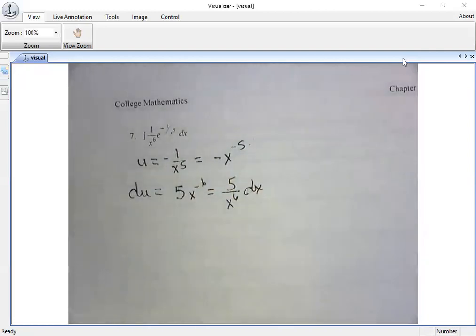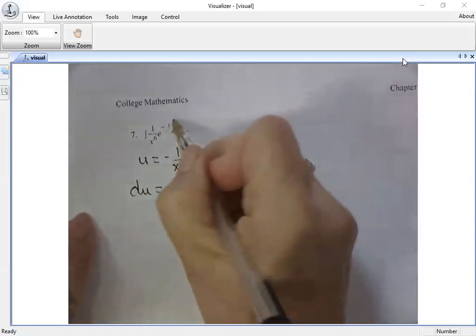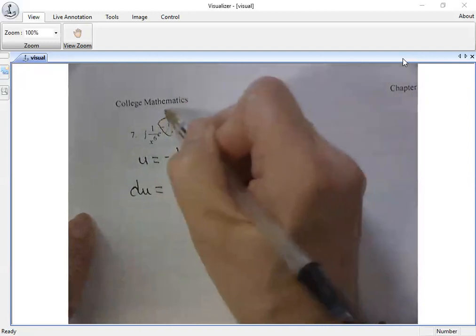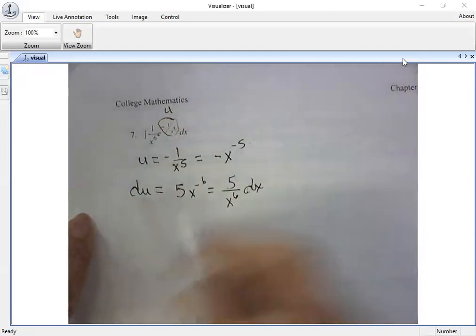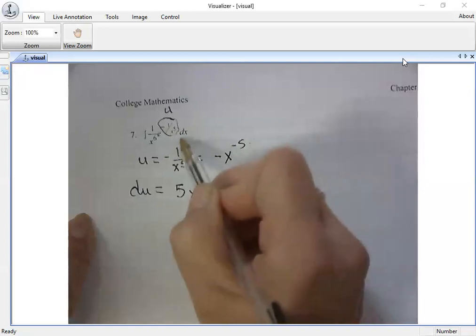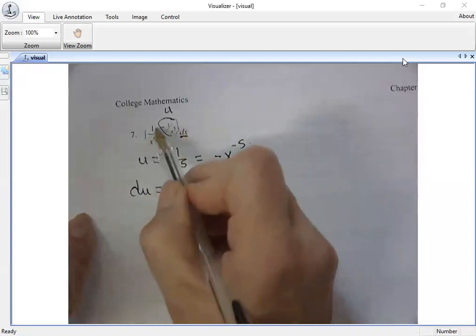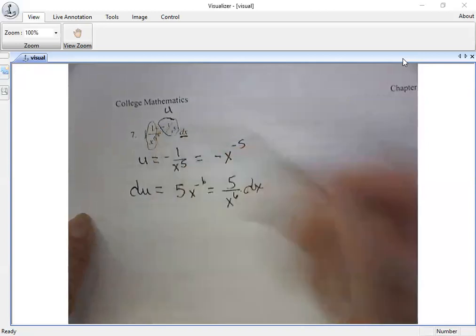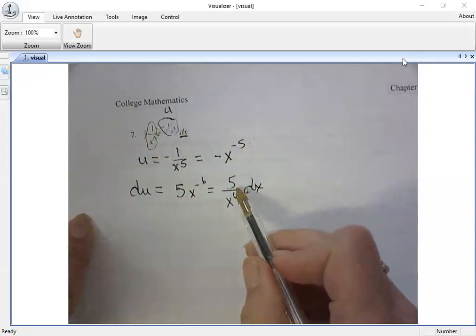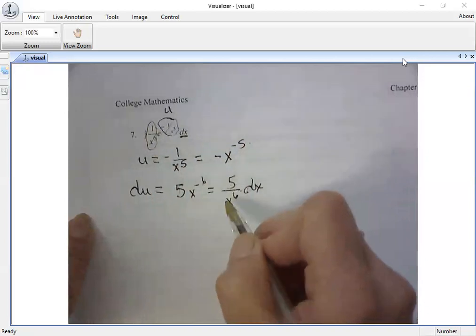Now, let's take inventory and see if we've got all the pieces we need. That's our u. Now, for the du, I need a 5 over x to the 6th dx. I've got the dx. I've got 1 over x to the 6th. So the only thing I'm missing is the 5. Can I fix that? Well, this is 5 over 1.